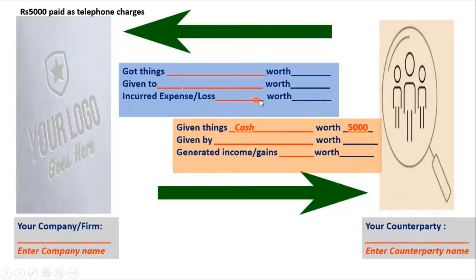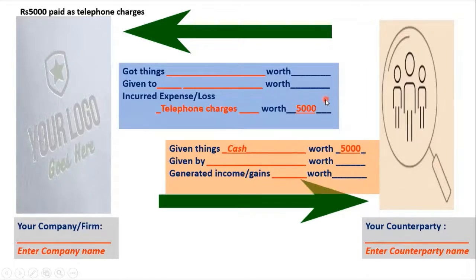In that case, we can mention the service name itself, or our expense name, and mention the value. Or if we have lost money because of something, then we mention the nature of loss and the value. So here telephone charge is availed and it is worth 5,000. That is mentioned in the first line. So now the entry is telephone charges account debit to cash account.